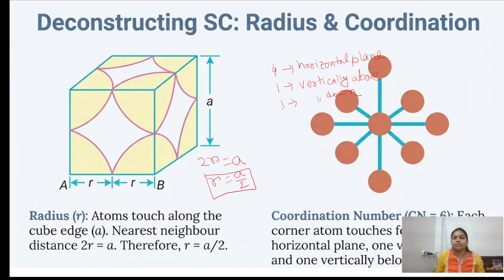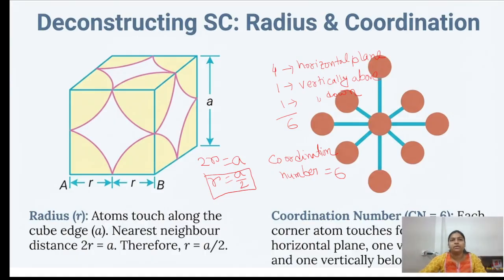So 4 plus 1 plus 1 means 6. So the coordination number is equal to 6.